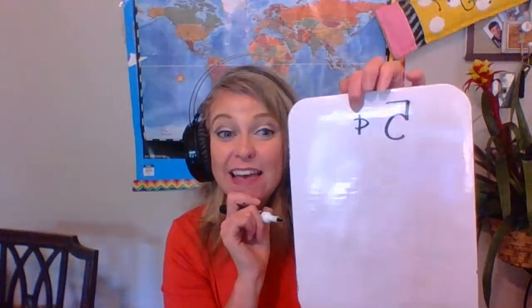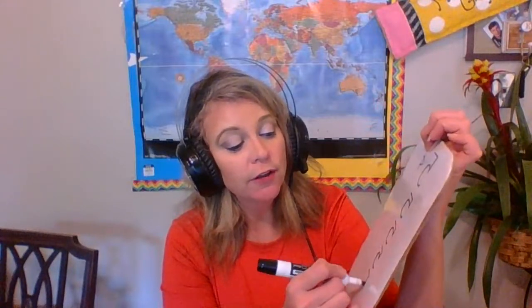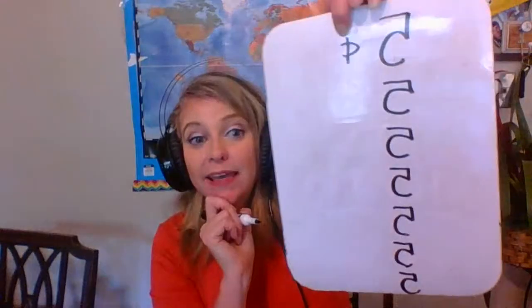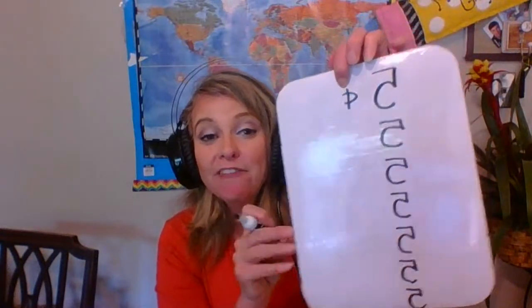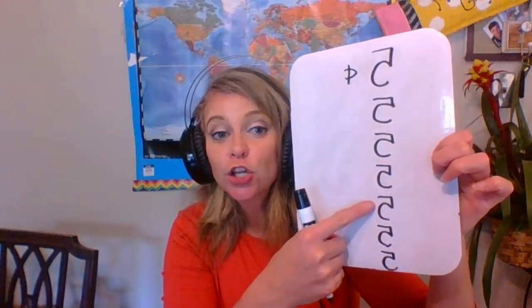Okay, so if we have 7 of them, we can count by fives. 1, 2, 3, 4, 5, 6, and 7. Okay, so can we count those by fives? Help me out. 5, 10, 15, 20, 25, 30, 35.